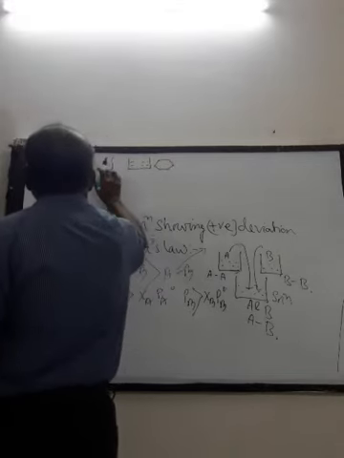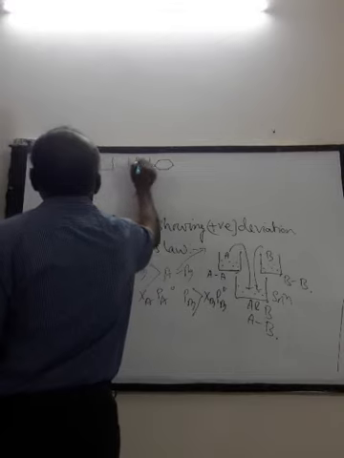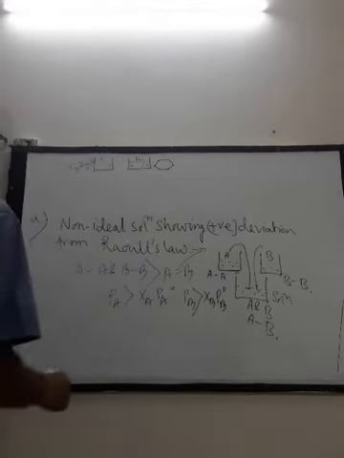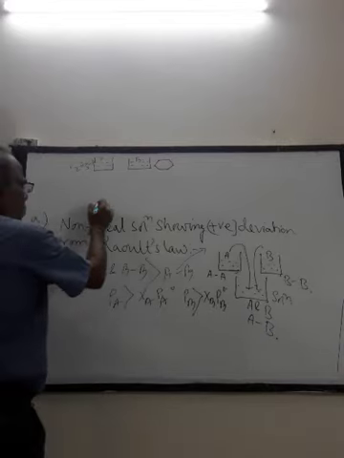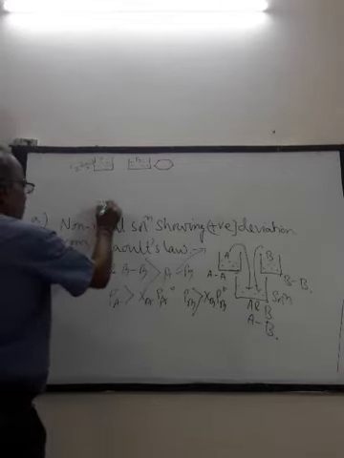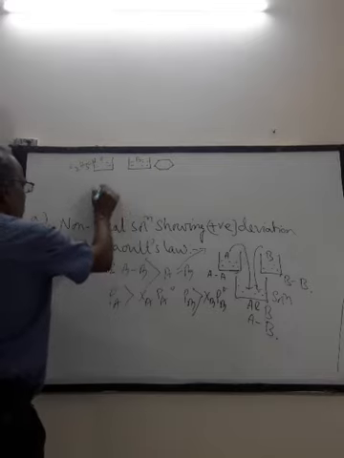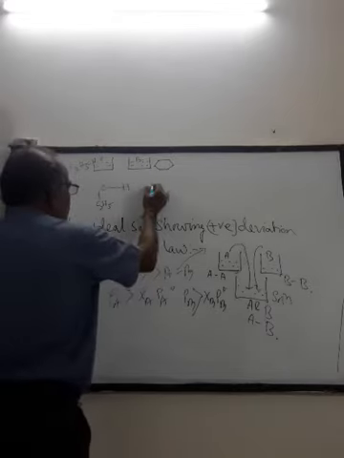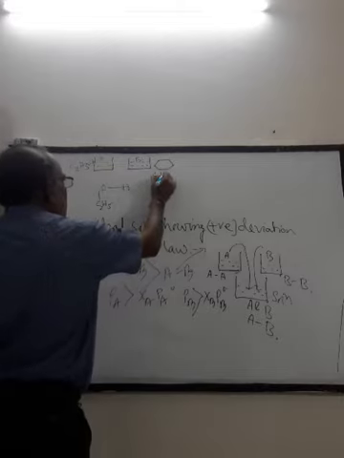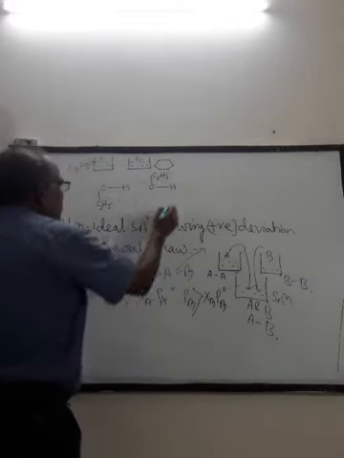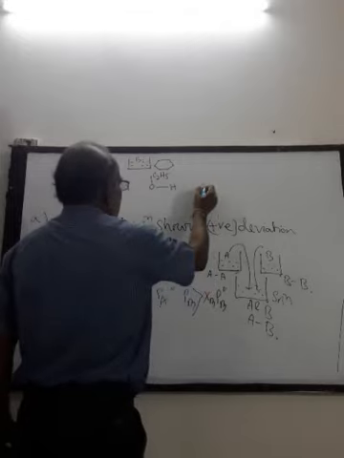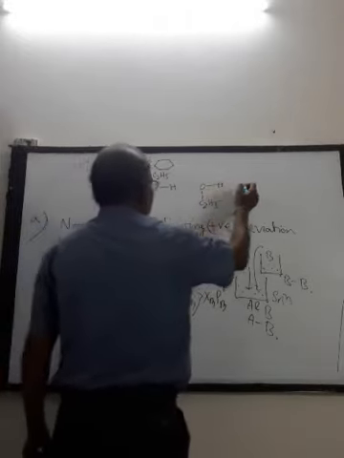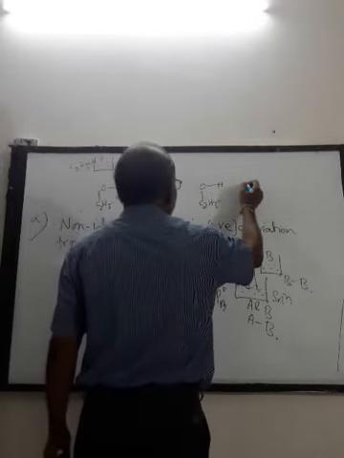Here first liquid is ethanol and second liquid is cyclohexane. Now in case of ethanol, there is strong hydrogen bonding between each molecule. So this is one molecule of ethanol. This is another molecule of ethanol. This is another molecule of ethanol. This is another molecule of ethanol.